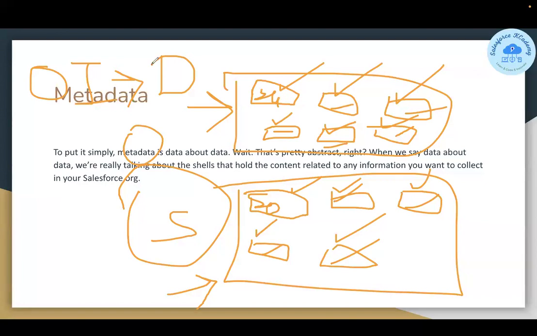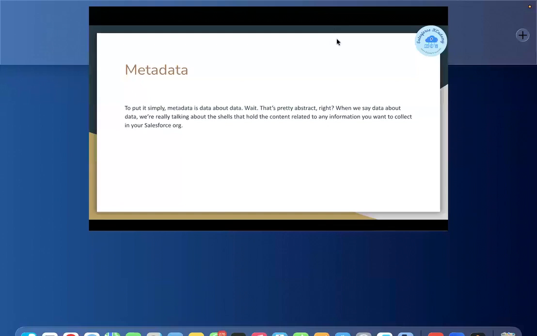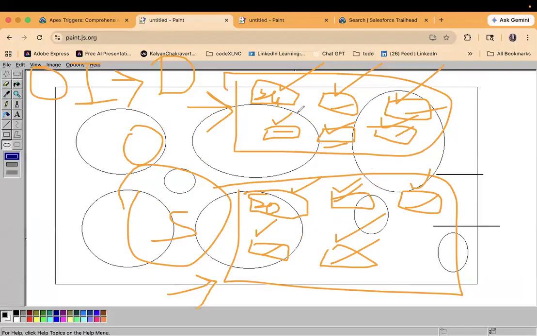Now, fields are there, right? Email field, name field, subject 1 field, subject 2 field, student object. What are these doing? This is also some kind of information, but not the original information. Whatever you store inside them is the original information.